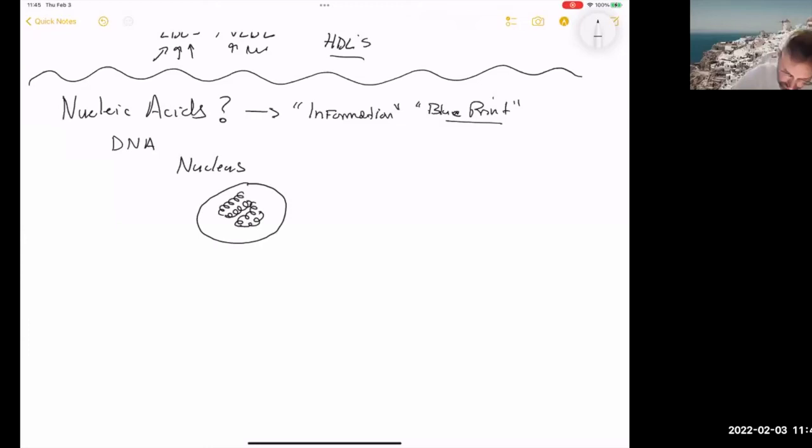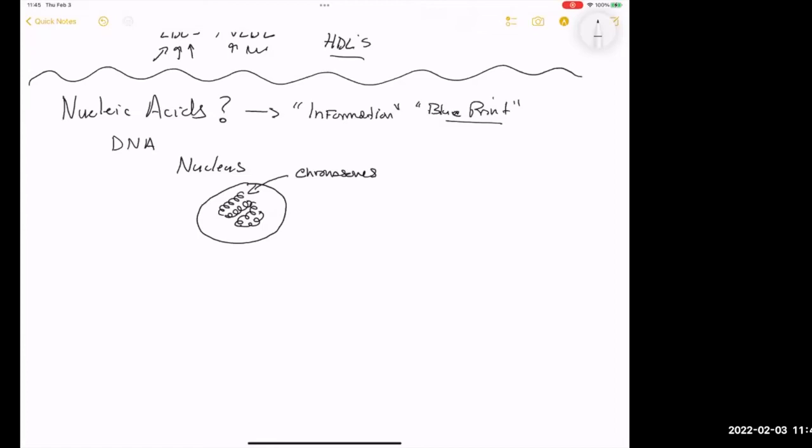And these large structures of wrapped up genetic material that contains information are known as chromosomes. All right, chromosomes. And does anyone know how many chromosomes there are in the human? 23.